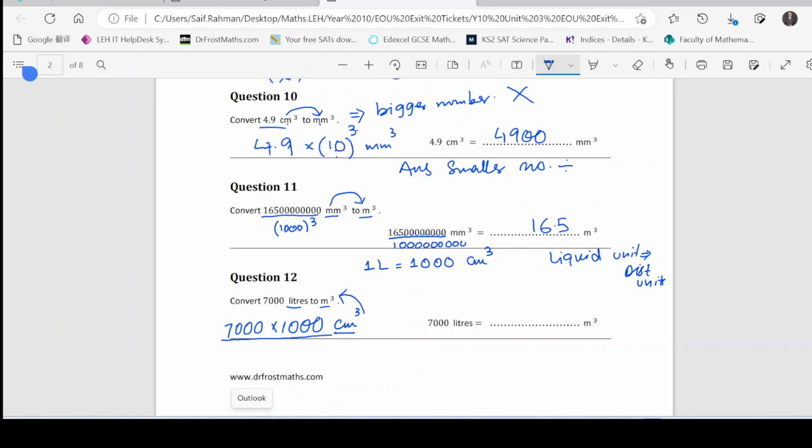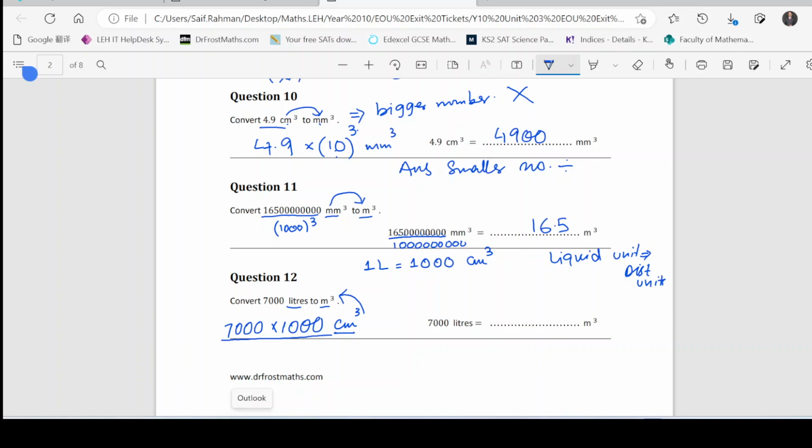So in this case, our answer which we will get will be a smaller number. So now we have to divide this number by 1000, because the answer we want is a smaller number. So in that case, we have to divide. So all three zeros go away and we are left with 536.